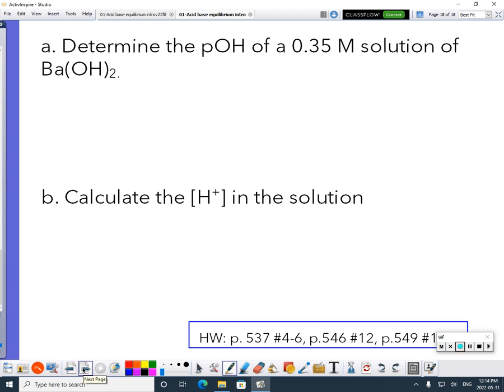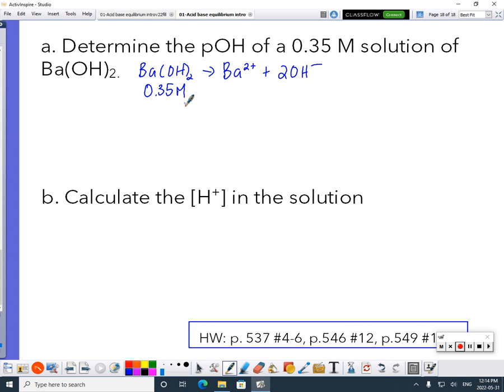Okay, so the next question, it says to do the pOH. So this is a base, barium hydroxide. So I chose barium hydroxide on purpose because when we split it apart, how many hydroxides will there be? 2. So then the coefficient will be 2. You can still streamline stoichiometry.